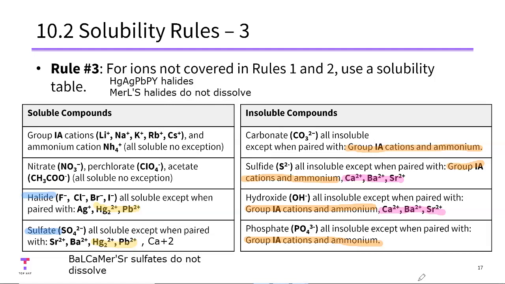Hydroxides are the telltale mark of a base, and calcium, barium, and strontium will dissolve those also. And when they're dissolved, we know from our discussion on Wednesday, those bases that form are strong bases. So not only do they dissolve, they dissociate very well when they dissolve. They make strong electrolytes.